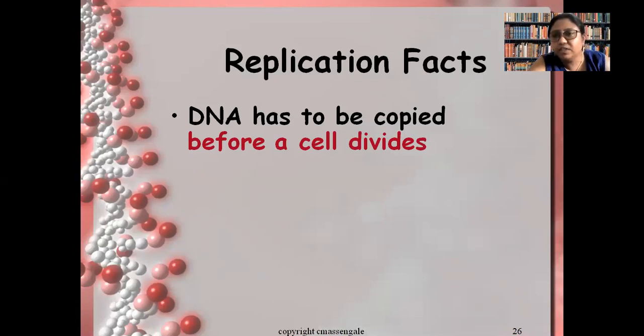Now, before this cell can go for the next set of division, the cell requires a replication of DNA. From this hint, can anyone tell me at what time the DNA replication takes place? You must have studied this in grade 11, beta.